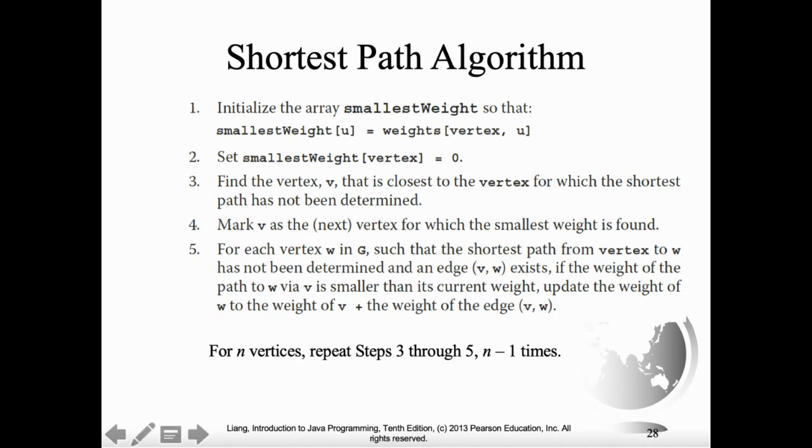This is only going to give us the shortest path from the node we started with to the other nodes. But if you have n nodes in the tree, you have to repeat this n-1 times, for every single node, so we can find the shortest path for all of them. So this is the shortest path for just one of them to the others.